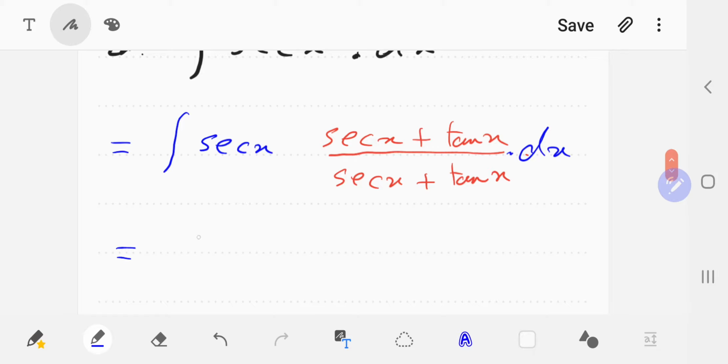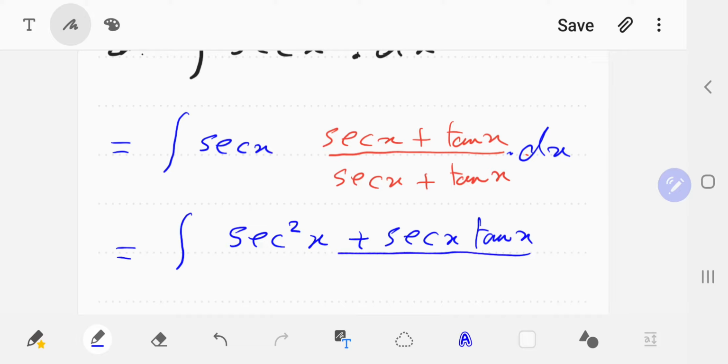Let's have a look at what we will get here. This will be secant squared x plus secant x tan x all over secant x plus tan x dx.